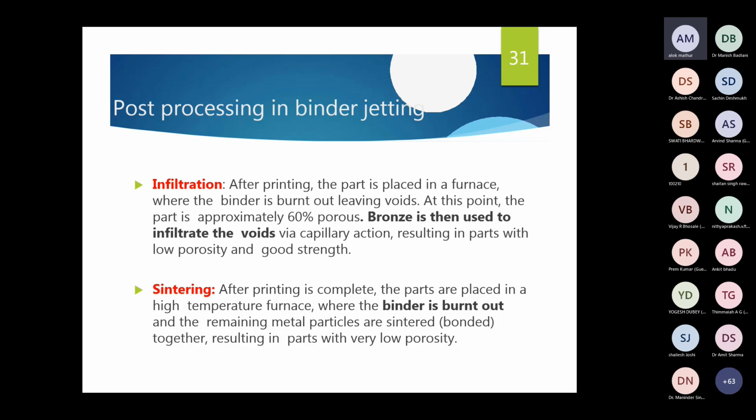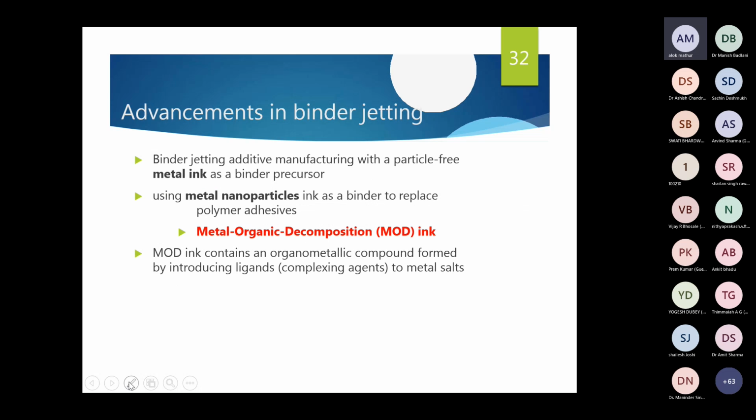The remaining metal particles are sintered, bonded together, resulting in parts with very low porosity. So the sintering method is better because it reduces the voids and porosity. If you compare infiltration and sintering, sintering is the better way.